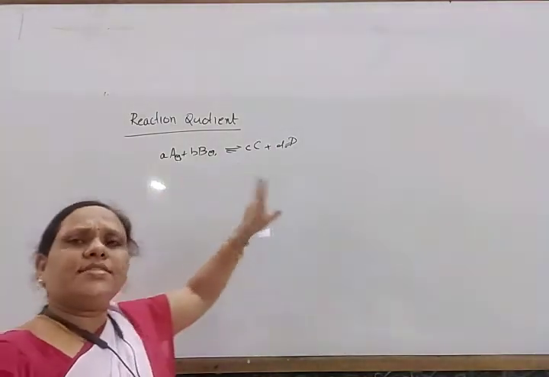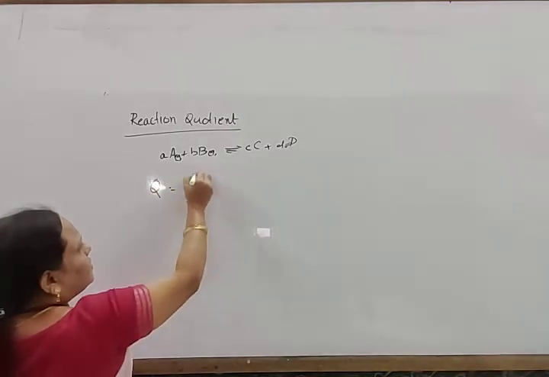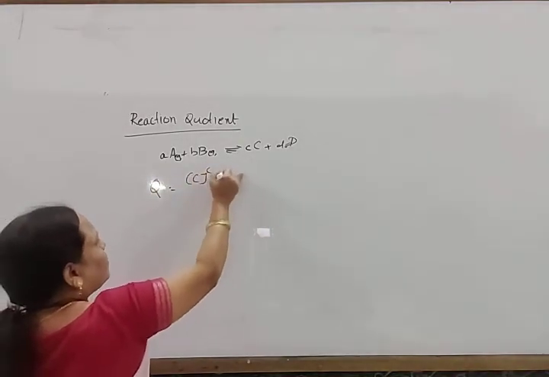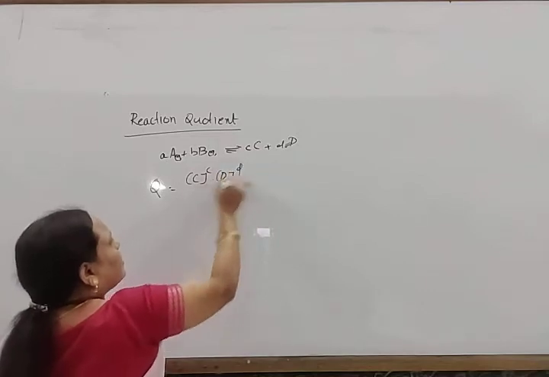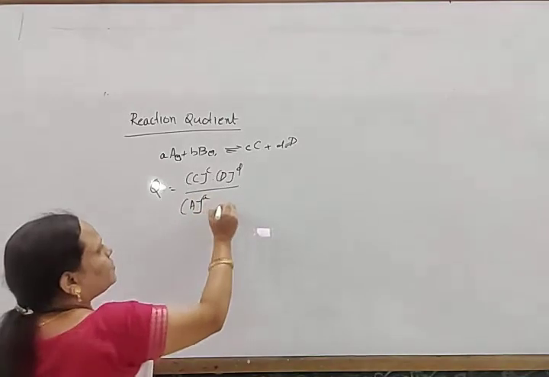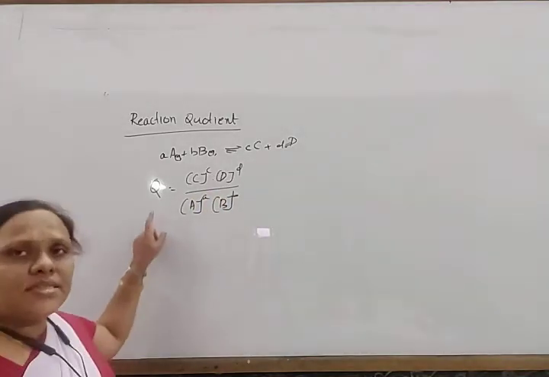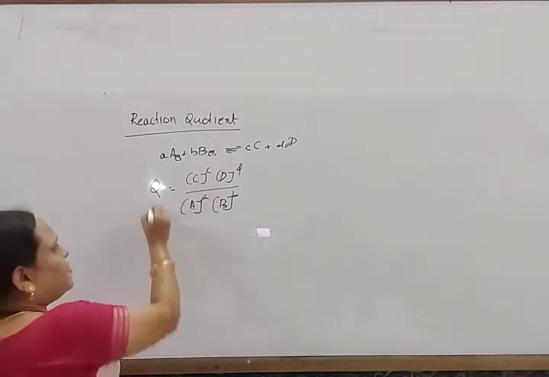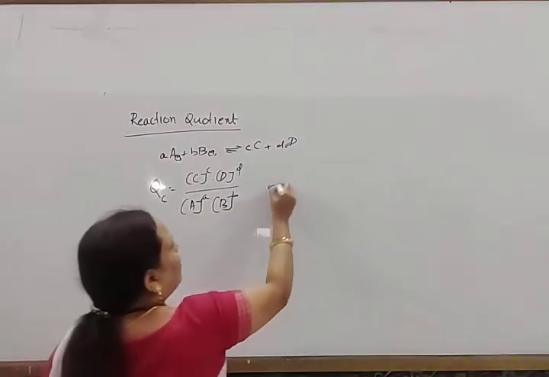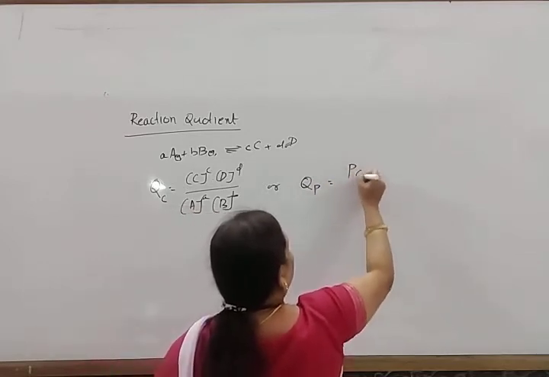At any stage of the reaction, the ratio of the molar concentration of the products to the molar concentration of the reactants is known as reaction quotient, represented as Qc, or it may be represented as Qp if partial pressure terms are taken.